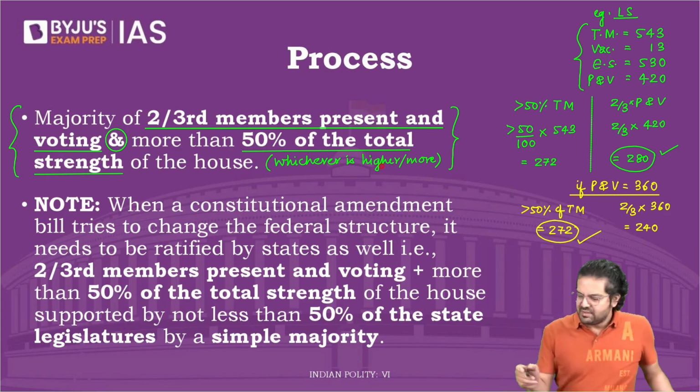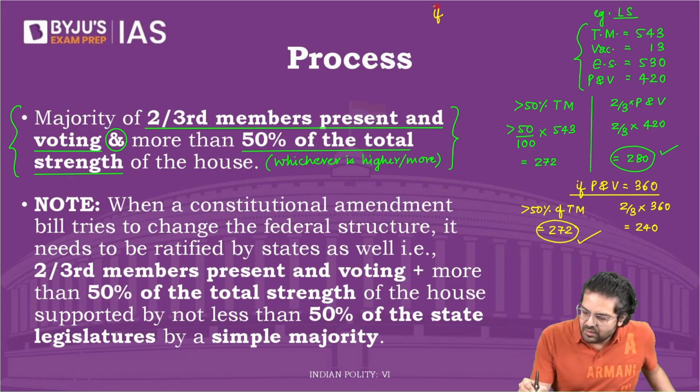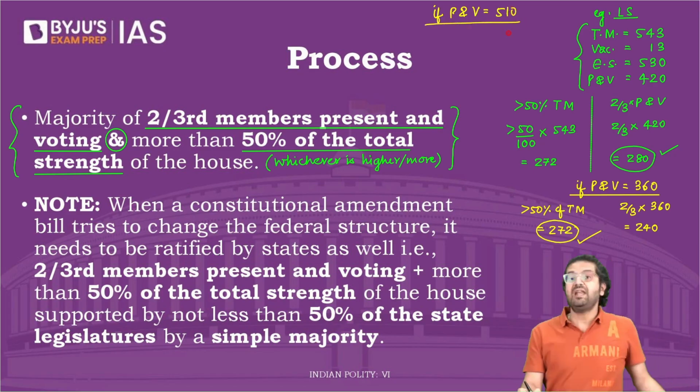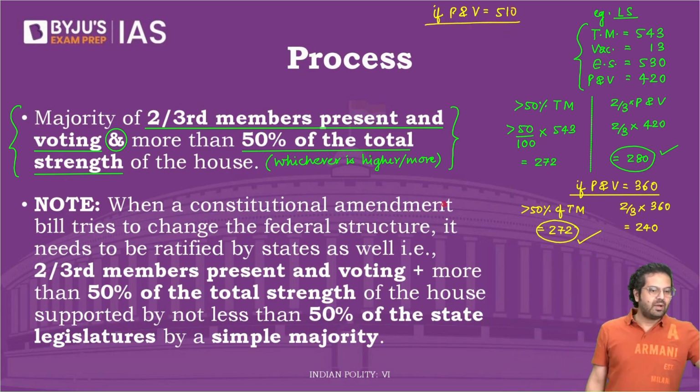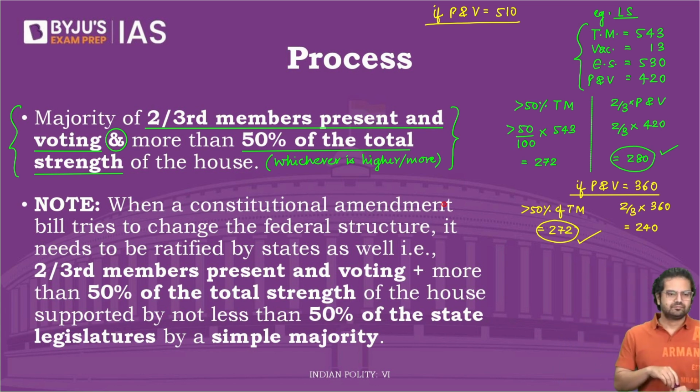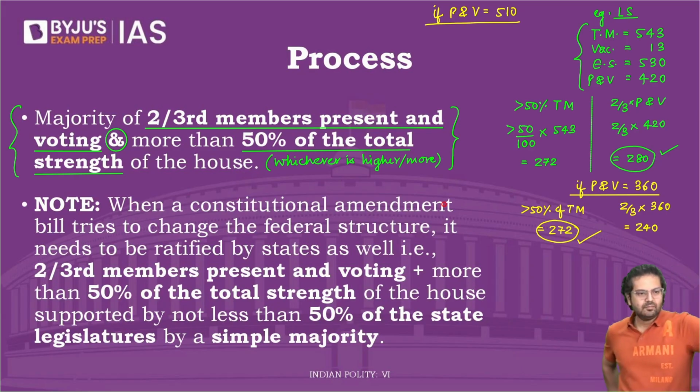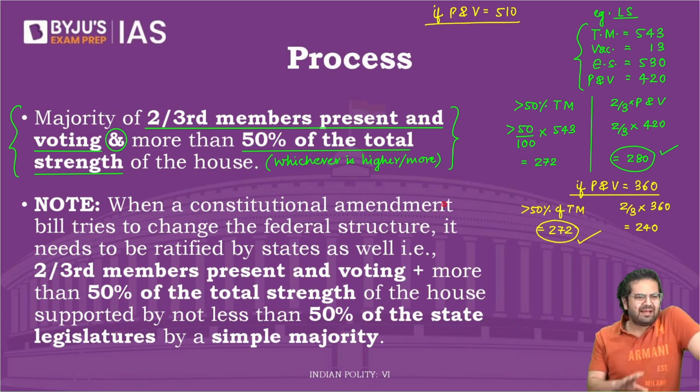No problem. Just solve one more. If PNV is 510, 510 people have come on that day, then how many people are required? Let's see. I think now maybe some minor calculation, but you get the gist, right?